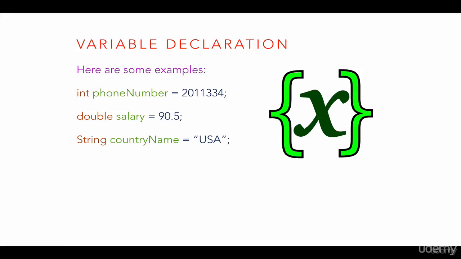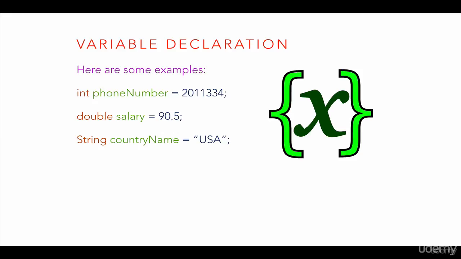I'm starting my variable name with a lowercase letter, and for the next words, I'm using an uppercase letter. For example, phoneNumber, countryName, or tableName. Okay, or other names which we will be more familiar with later in the course.